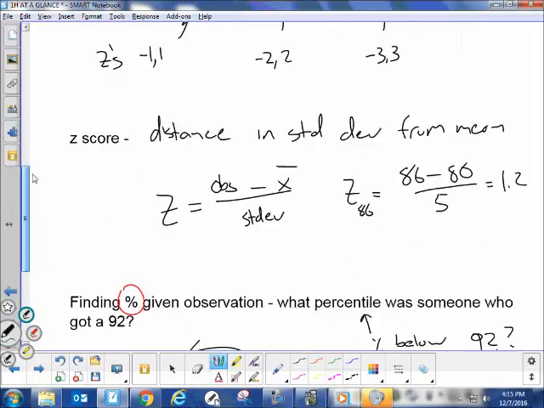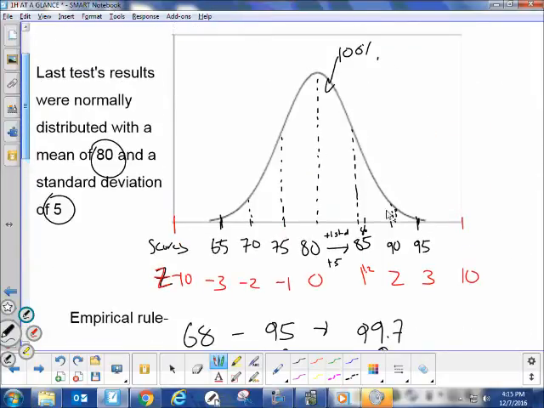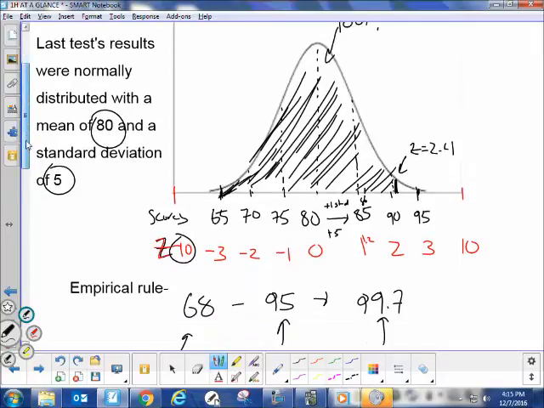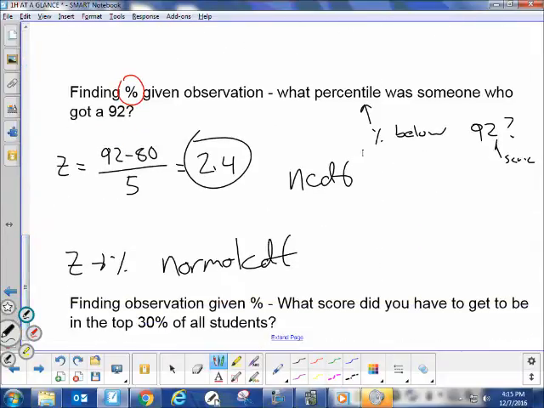And now I go back up and I say, between what two values? Well, I wanted this area here. So we're going from the 2.4 to the minimum value that we could have, which is negative 10. So the lower is negative 10. The upper is 2.4.